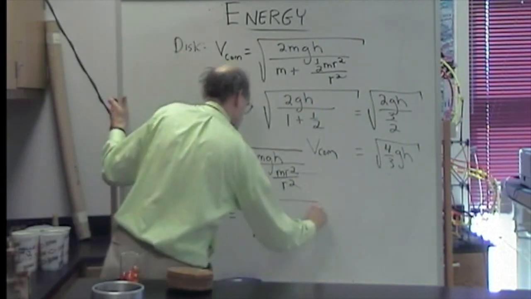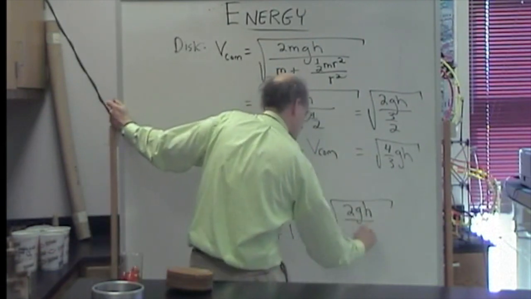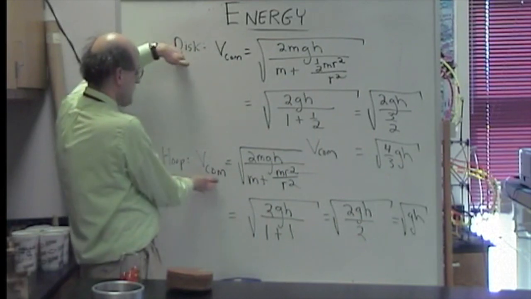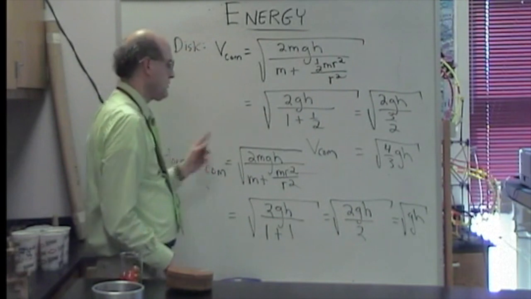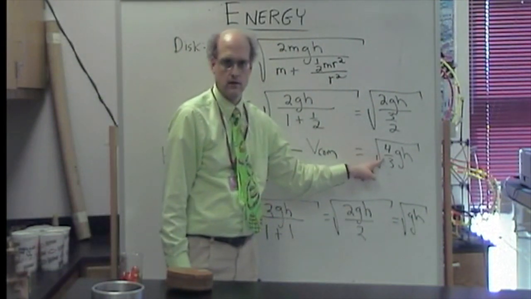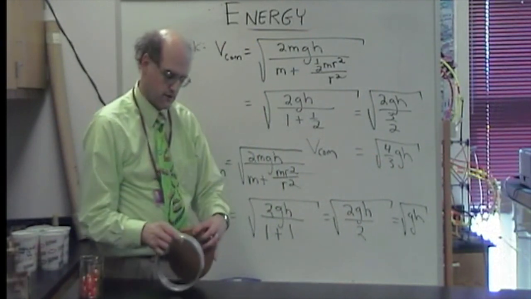So we get the square root of, so I think you can see by comparing the speed of the hoop and the speed of the disk that the hoop has a lower speed than the disk. So the disk should win the race.